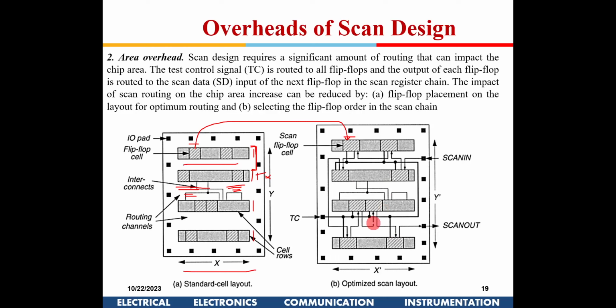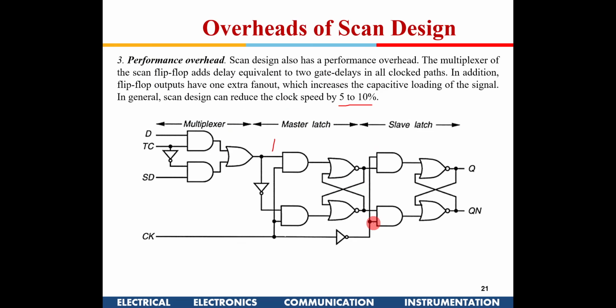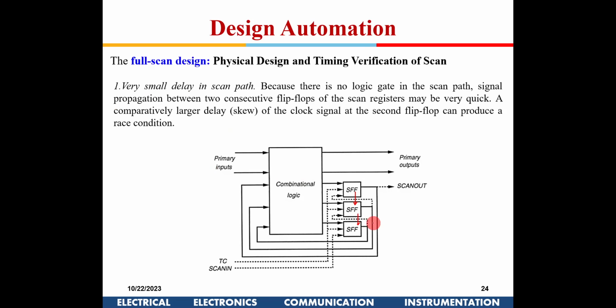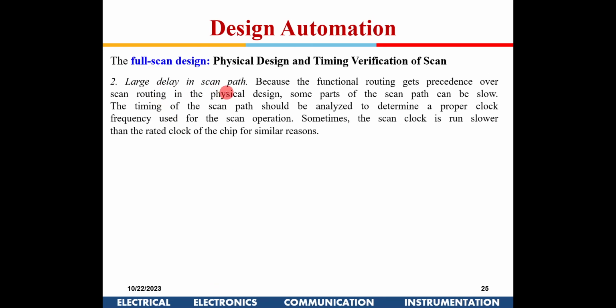In that case, when automatic routing is done, it is possible that the scan routing is lengthier, because the priority is given to the functional routing. So the routing could be very large in the scan path, and in that case you might want to run the scan clock slower than the rated. So you have to see for that.